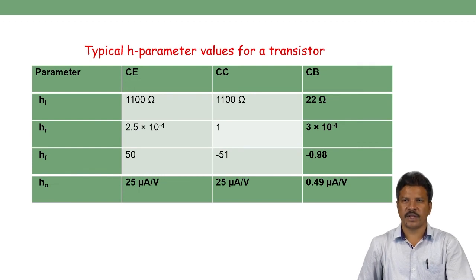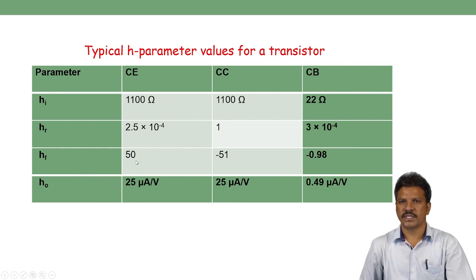These are the typical H parameter values for a transistor. Here, the first column is input impedance, reverse voltage gain, forward current gain, and output admittance. In common emitter configuration, input impedance is approximately 1100 ohms, and then HR is equal to 2.5 into 10 to the power of minus 4. It is far less than 1. In CC configuration HR is equal to 1, and in CB it is 3 into 10 to the power of minus 4.